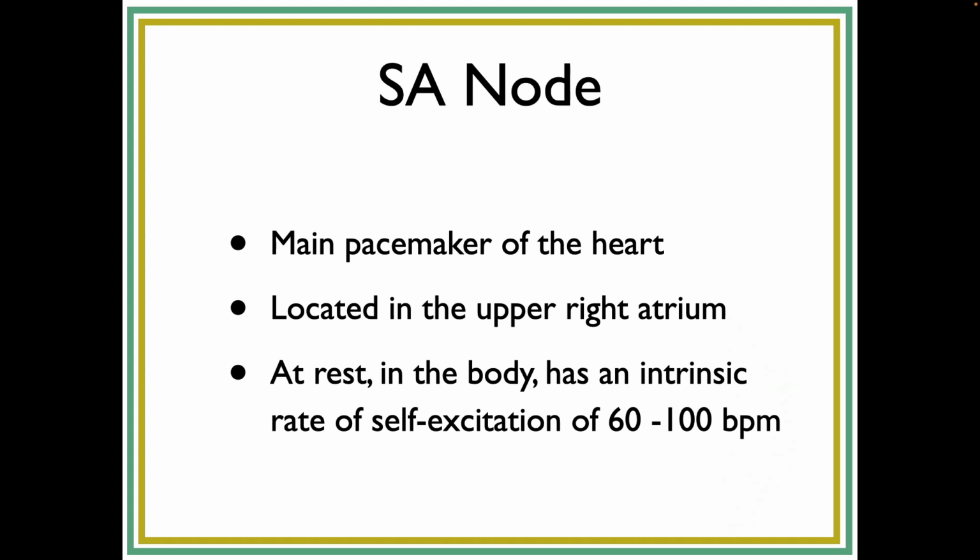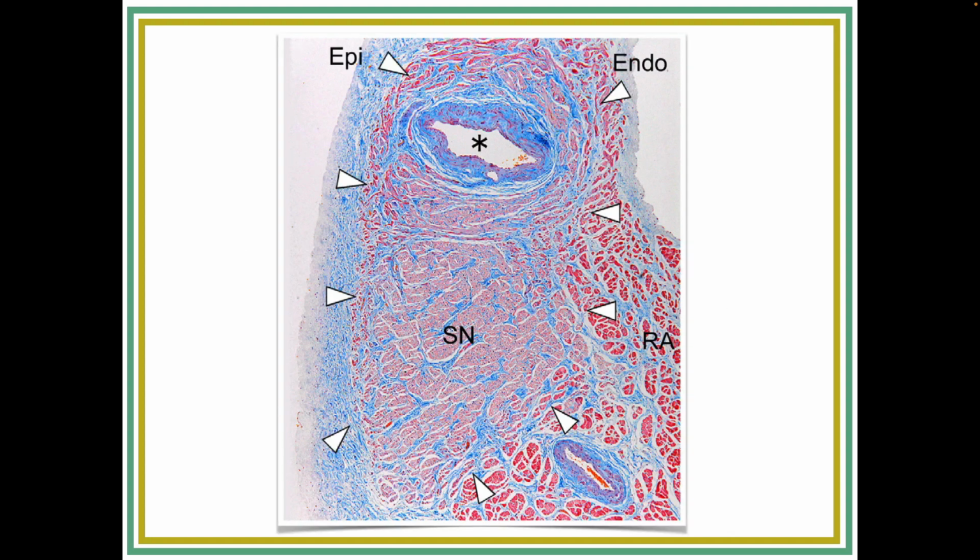The SA node, which is a fairly complicated little structure, contains a number of pacemaker cells, and when we say it's the main pacemaker of the heart, that's the originator of the electrical impulse. So that's what we mean by self-excitation. Does that make sense? Okay. Here's a picture of the SA node, which is all of this here.